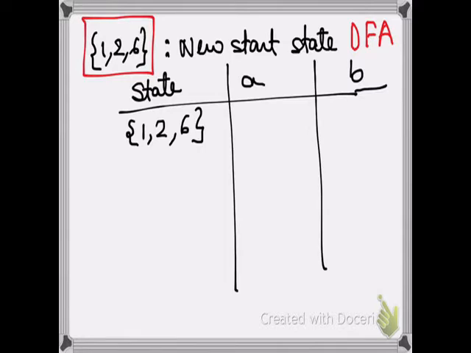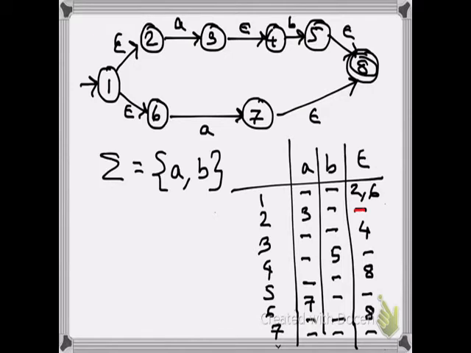Now we go back to our transition table of the NFA and look at the transitions that 1, 2 and 6 take on A. I'll just remove this to make some space. So here you have 1, 2 and 6.